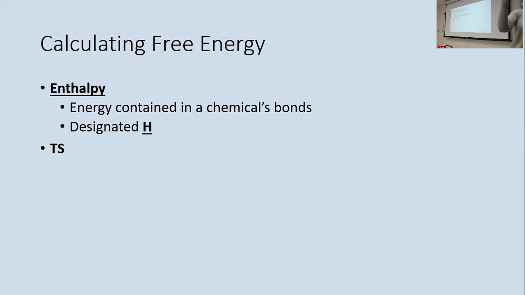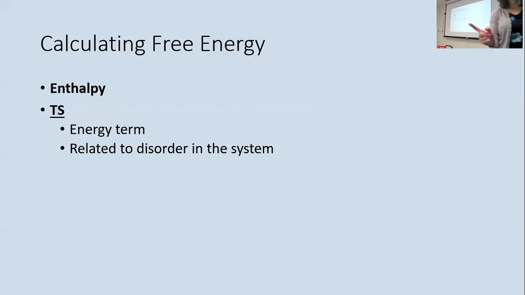Chemical bonds are order. We also need to take into account that idea of entropy or disorder. It's going to eat up some of the energy we've got available, which is going to be the TS term. So it's another energy term, and it's again related to the disorder.